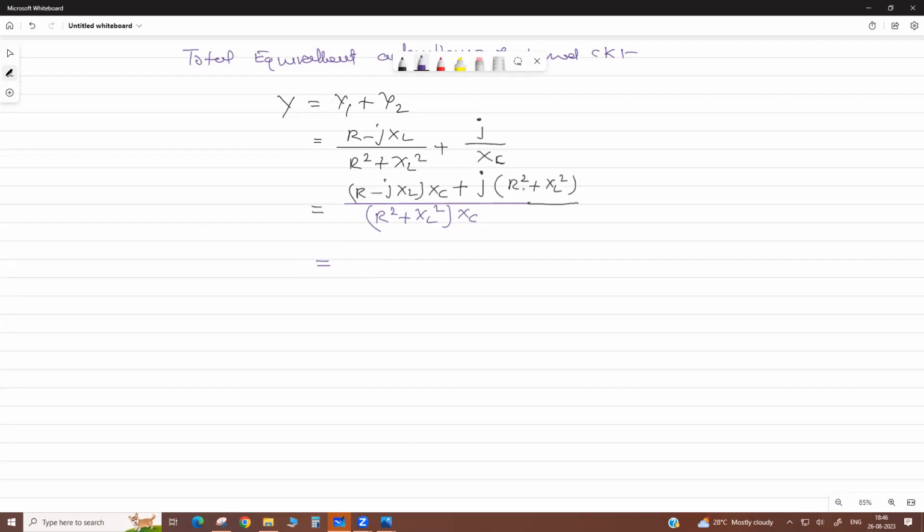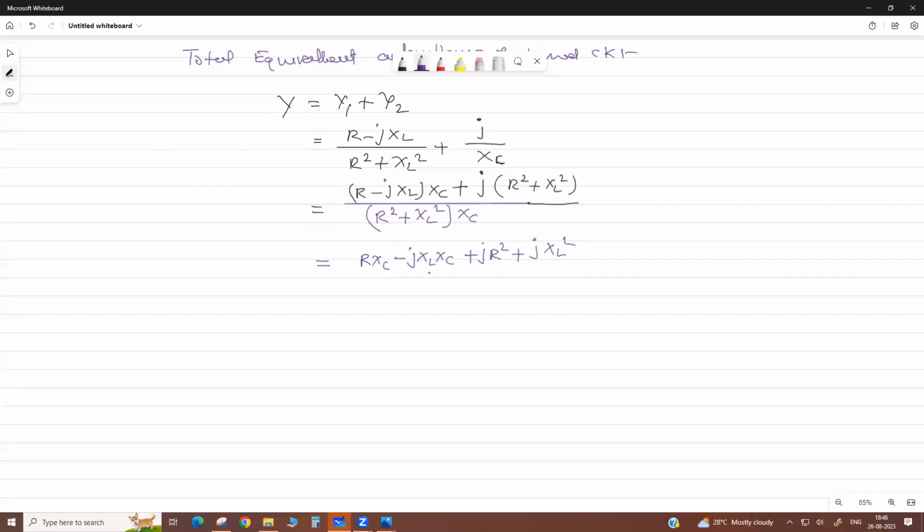Now we open this numerator part. So it becomes R XC minus J XL XC plus this becomes J R square plus J XL square.